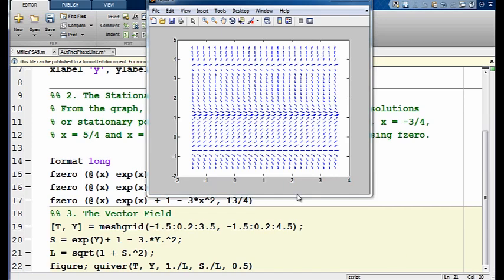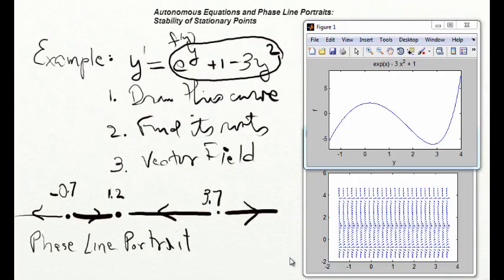So I've done the 3 things I said I was going to do. I drew the curve for the function f, not the solution curve. I found its roots, and I found the nature of the stability points by drawing the vector field. Finally, here's our last page. There's the original differential equation. I graphed the right-hand side f.